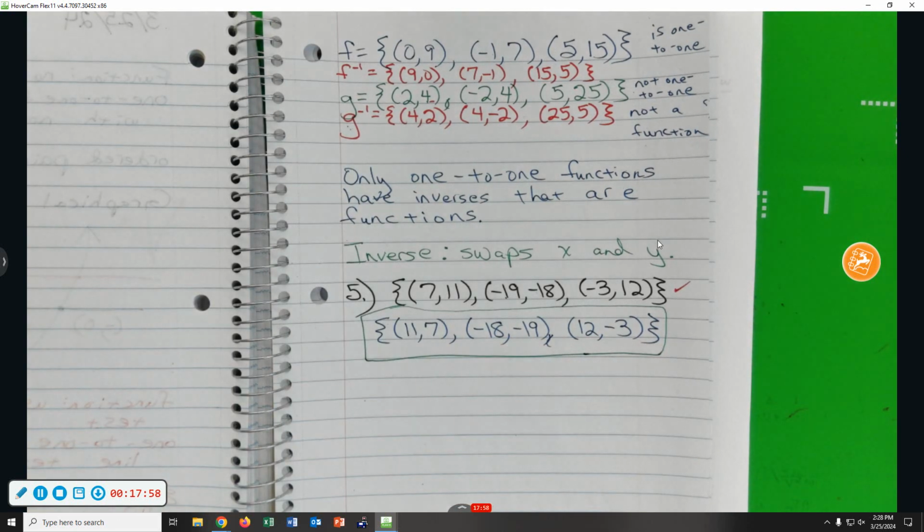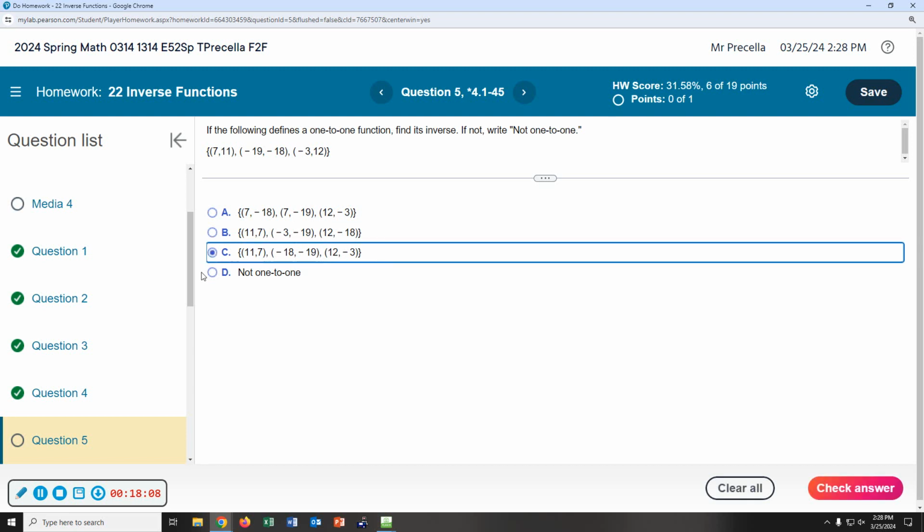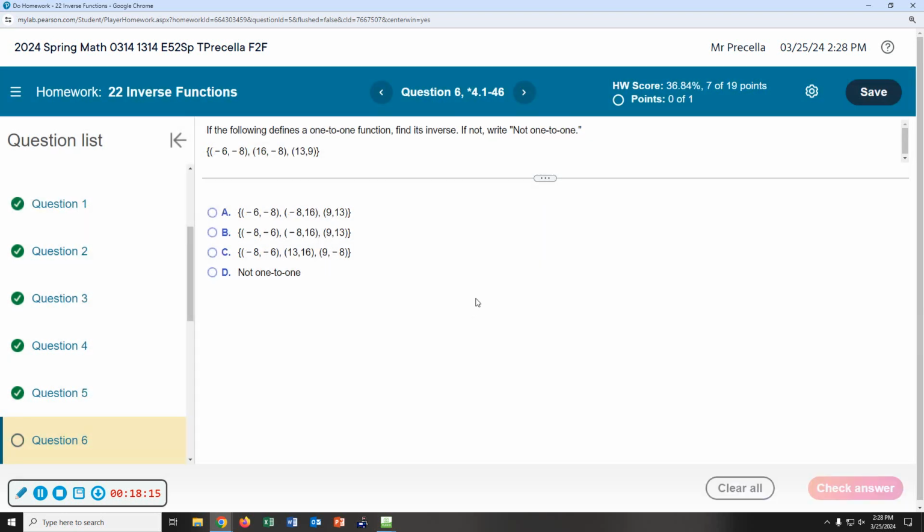Let's switch back. Okay, so we need 11, 7, negative, I don't think it's B, I think it's C, is that it? Any questions there? Okay, well it can't stay that easy forever, can it?